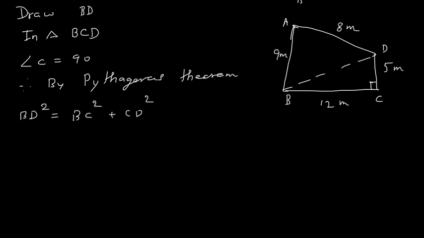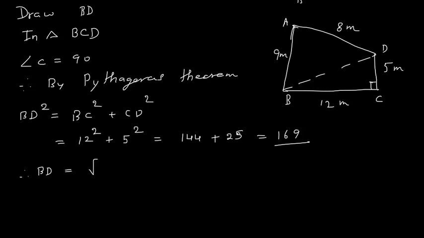Now the value of BD square is equal to BC, the value of BC is 12, so this is 12 square, plus the value of CD is 5, so this is 5 square. 12 square is 144, 5 square is 25, so this becomes 169. So BD square is 169, therefore the value of BD is the square root of 169 and you get the answer 13.